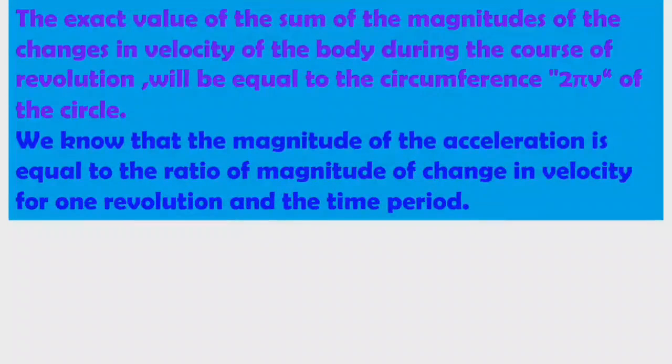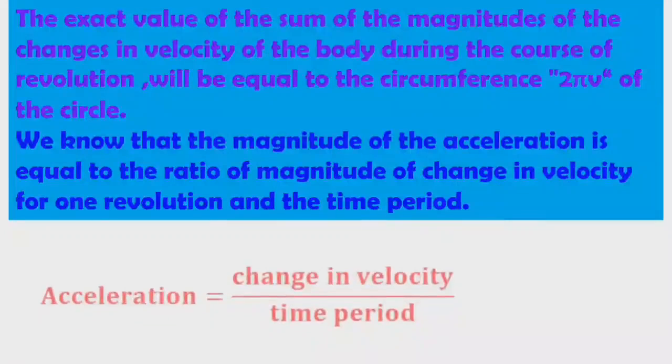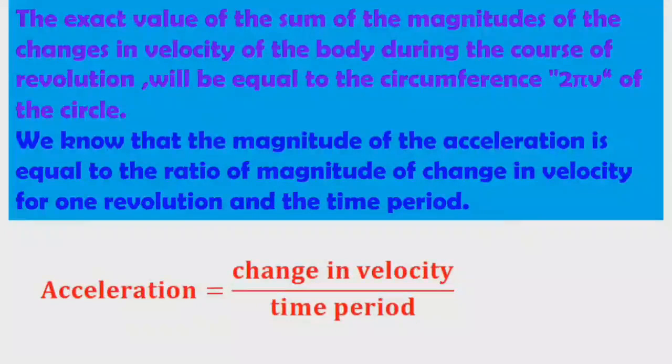We know that the magnitude of acceleration is equal to the ratio of the magnitude of change in velocity for one revolution and the time period. Here we can see the formula: acceleration is equal to change in velocity divided by time period.